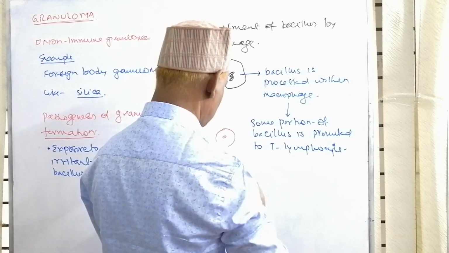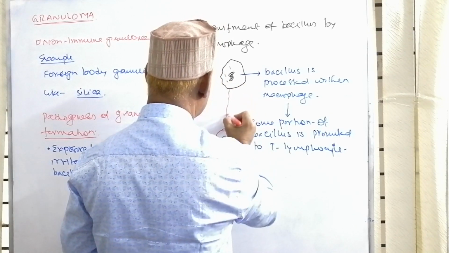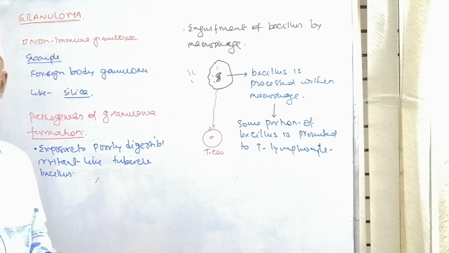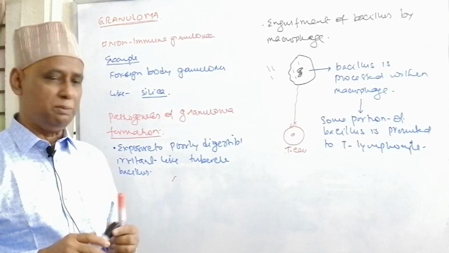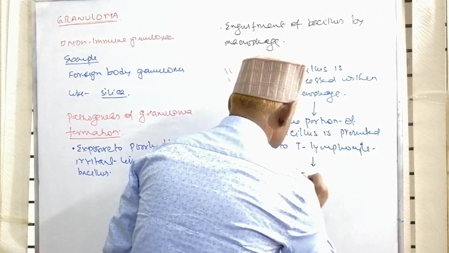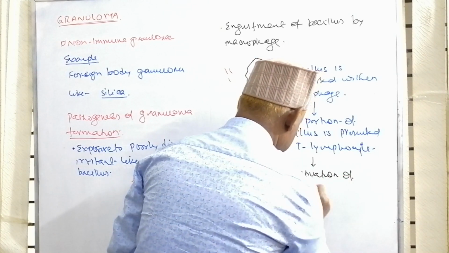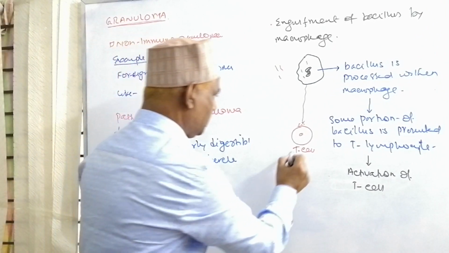When some portion of the bacillus is presented to the T lymphocyte, the T lymphocyte becomes activated. Activation of the T cell. And when the T cell is activated, what happens?